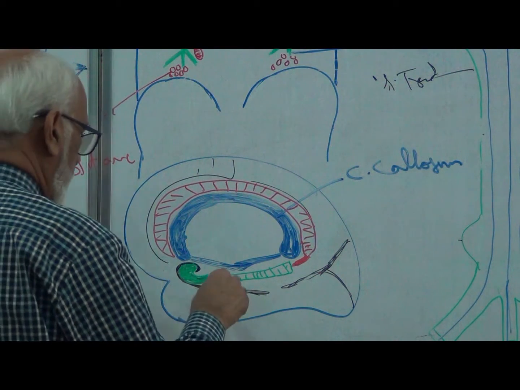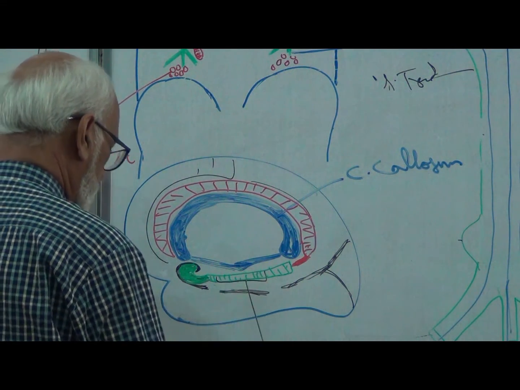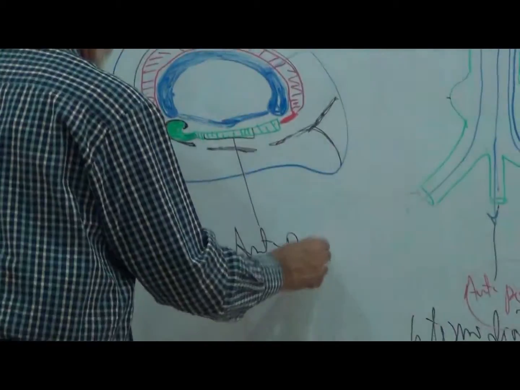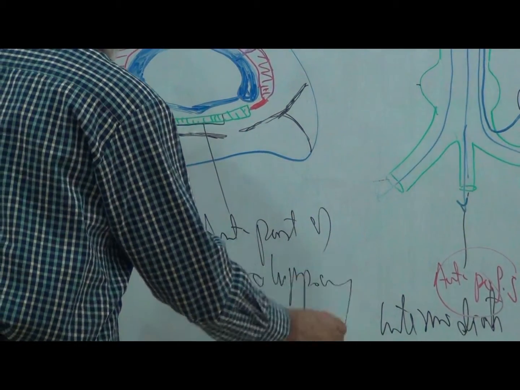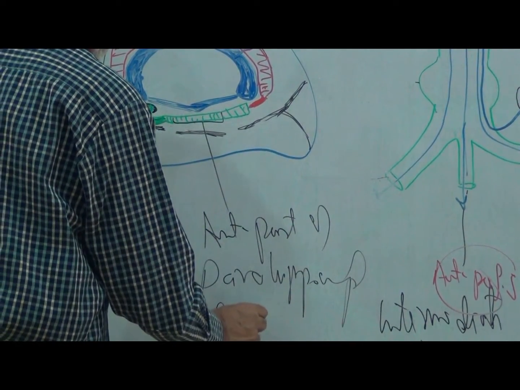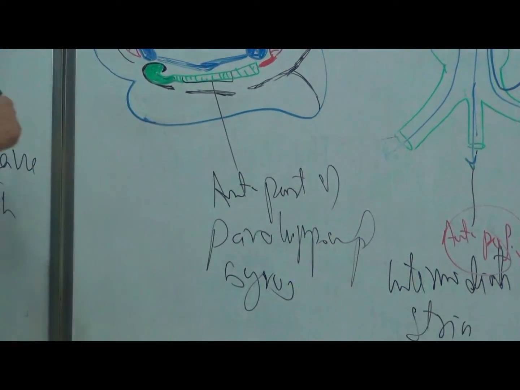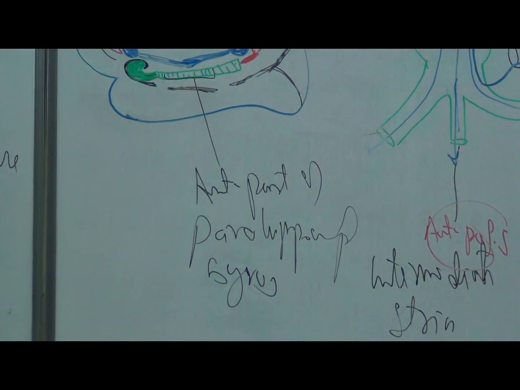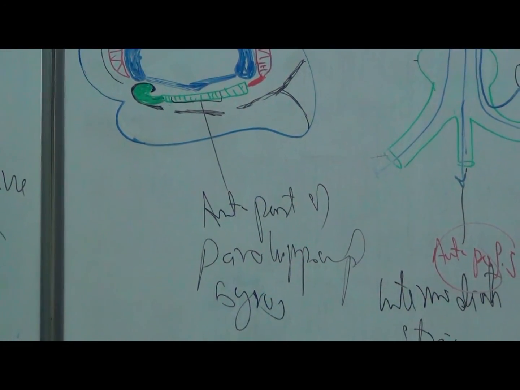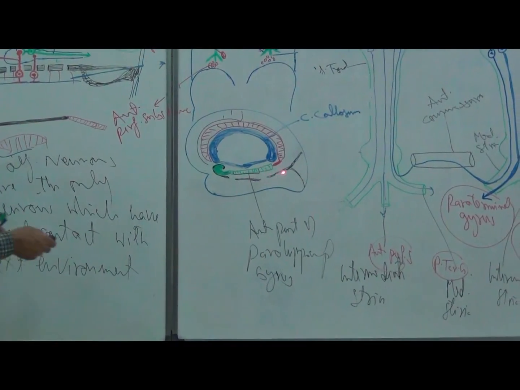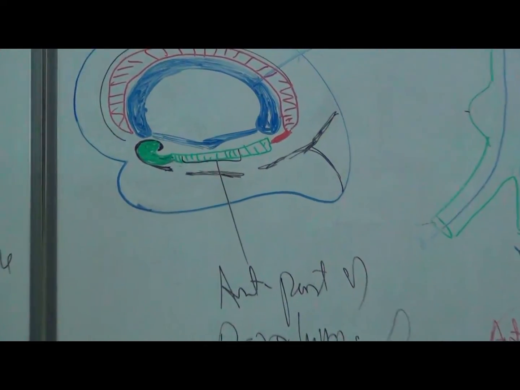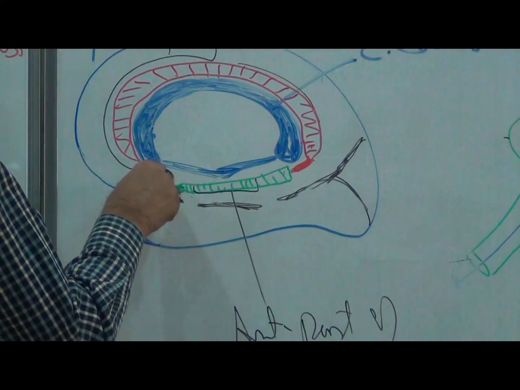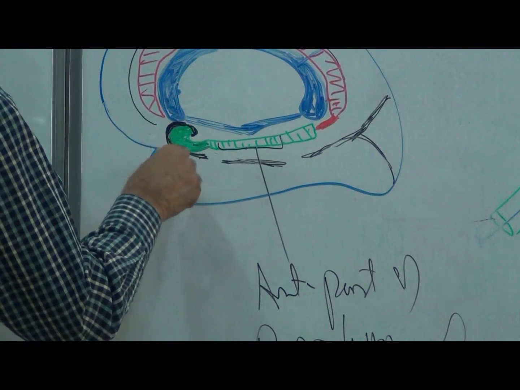So this anterior part of the parahippocampal gyrus is visible on the medial surface. It's an important part of the rhinencephalon. And then next is the uncus. The anterior continuity of the parahippocampal gyrus is continued as a hook-shaped gyrus, surrounded by a hook-shaped sulcus known as the rhinal sulcus.